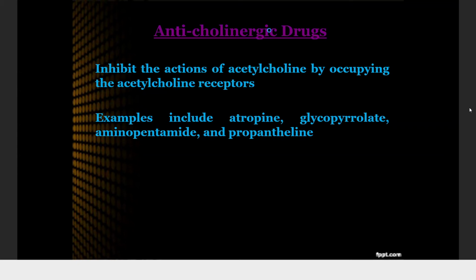If you say 30 to 50% is unchanged in the urine, and you calculate the dose as 100, you say 50% is unchanged, so why not give only 50? The thing is, although it is unchanged in the urine, that doesn't mean it doesn't have any effects.